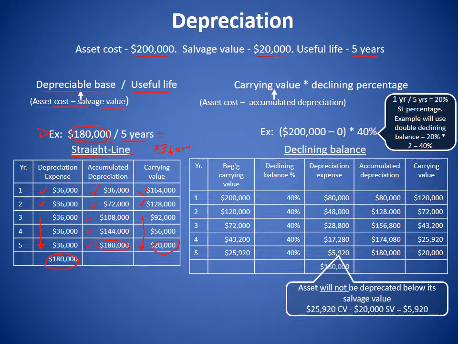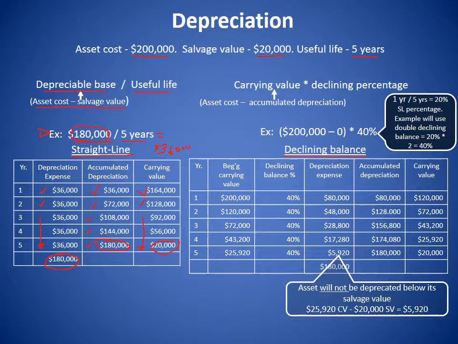Now let's go on and take a look at calculating declining balance for the same asset facts. And what I'm going to do is change the color just to make it a little more distinctive here, since I've got a lot of red markings.